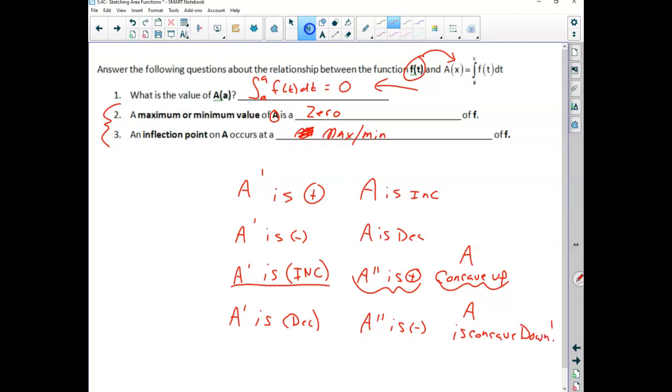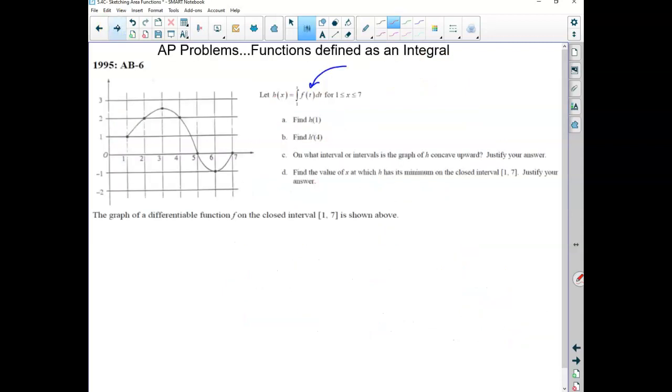Okay, and we're going to use all that good stuff. How are we going to use that? Well, if you want to try these 4 problems before tomorrow, I highly encourage you to try them. But the big connection here is the graph of a differentiable function f. Hey, this is f.